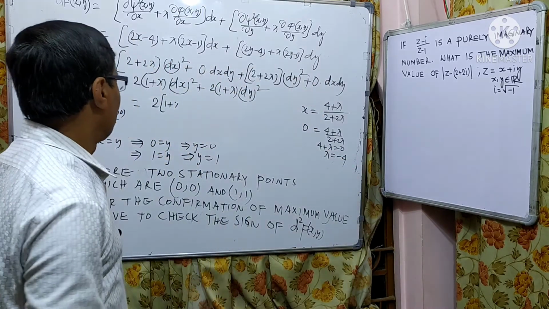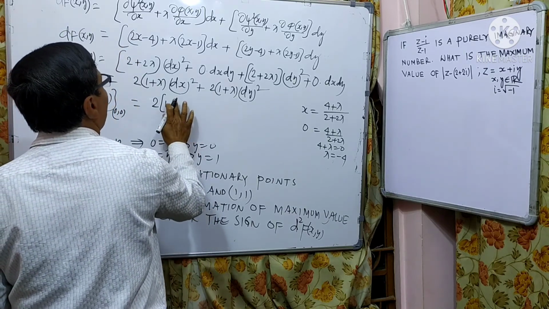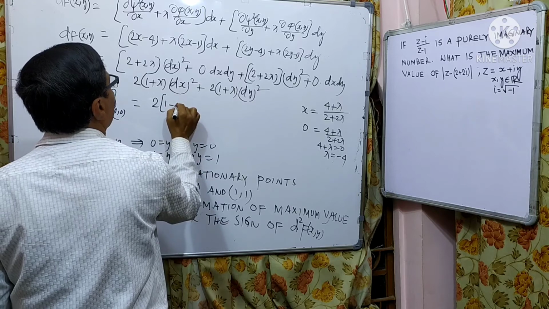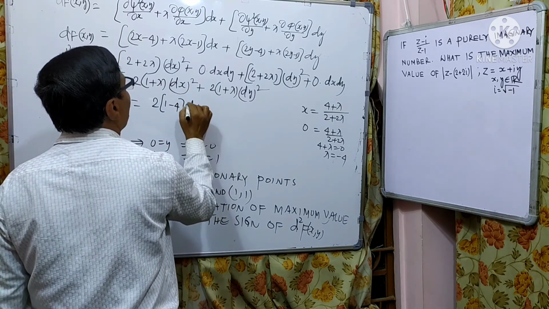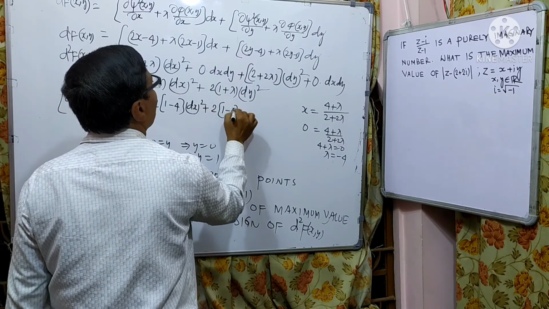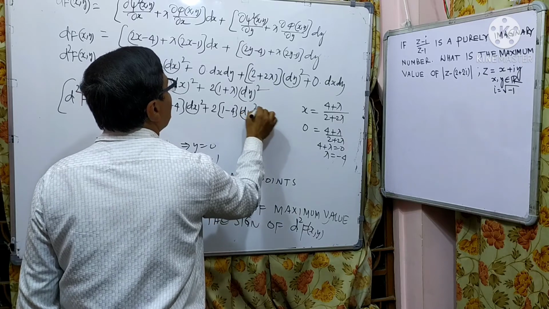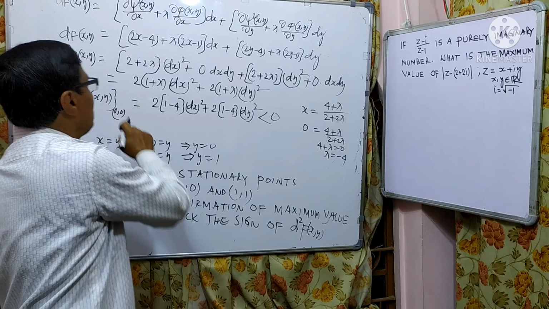So here we can put lambda equal to minus 4: 2 into 1 minus 4, dx square, and also 2 into 1 minus 4, dy square, which is negative.